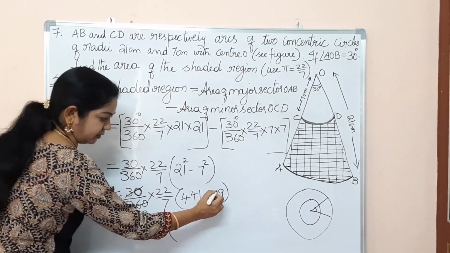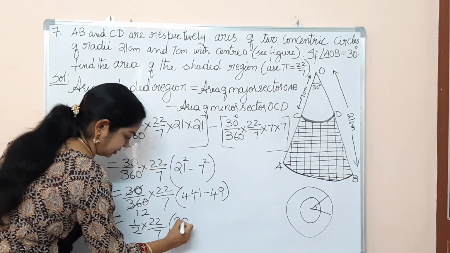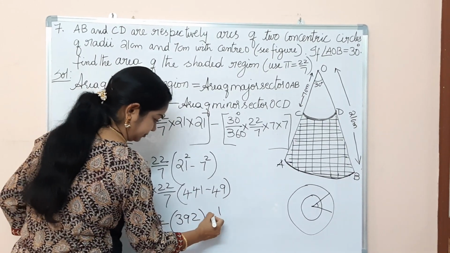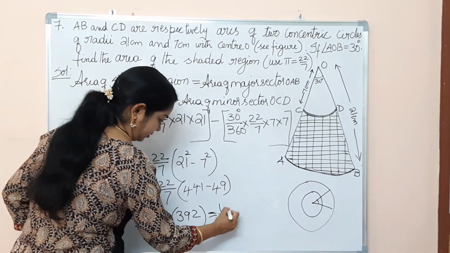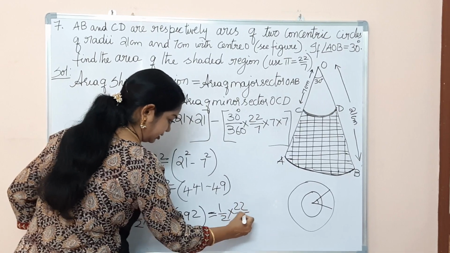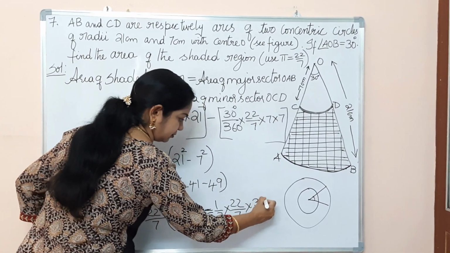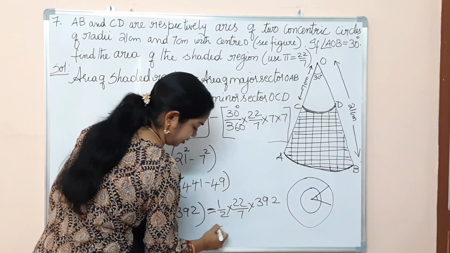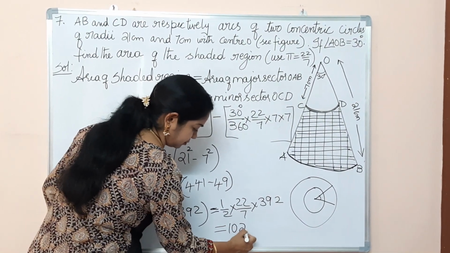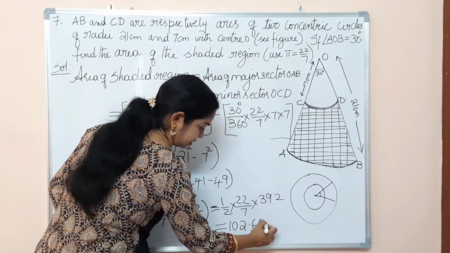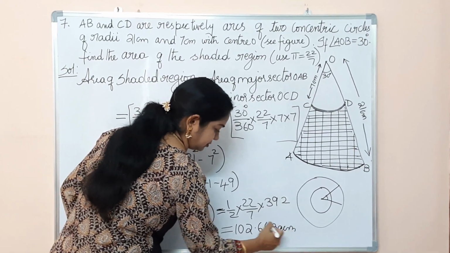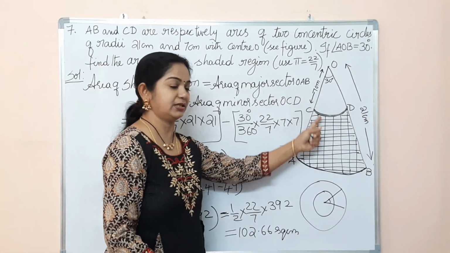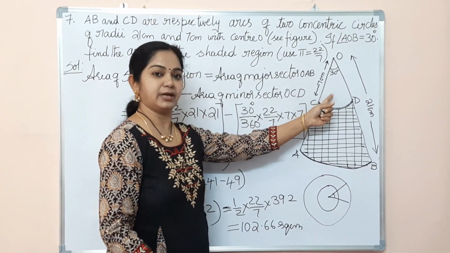Again 441 minus 49 is 392. If you cancel it and simplify, you'll get 102.66, a recurring decimal, 6 bar. The area we got simply by subtracting the minor sector from the major sector.